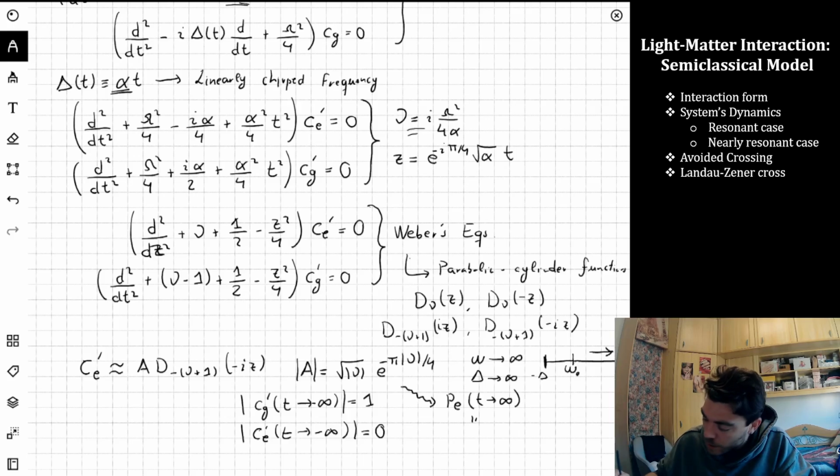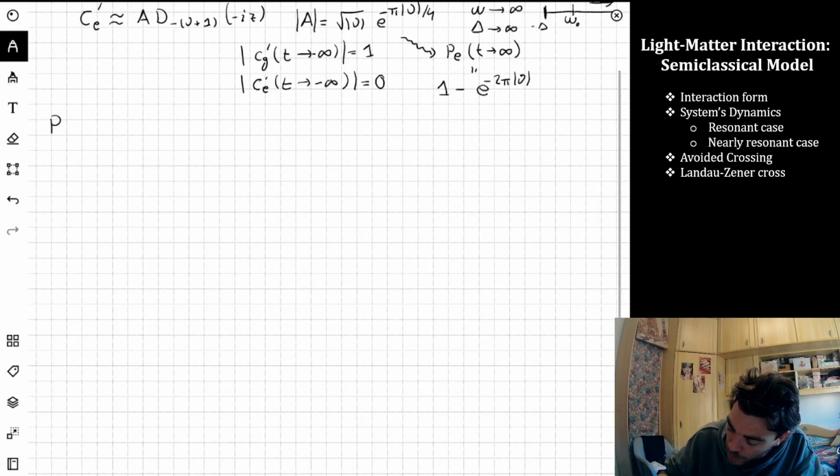This is this probability. And this probability one can show, and Landau and Zener did show, is 1 minus e to the minus 2 pi modulus of nu. So this means that if nu is very large, then this probability will tend to be 1. Or in other words, let's write it in the following way.